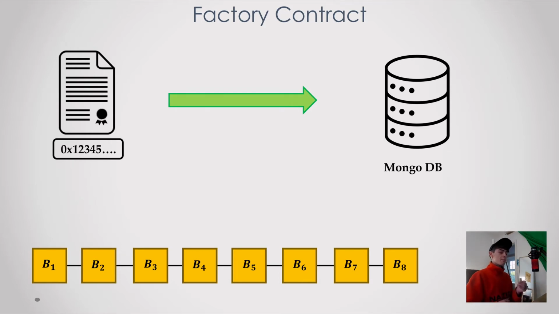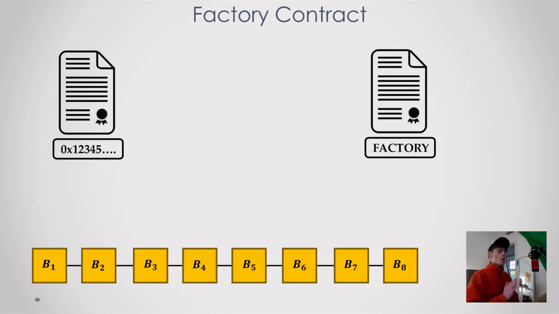So there's another, easier solution to get around this, and that is to use what's called a factory contract. A factory contract allows us to deploy instances of another child contract that we define.